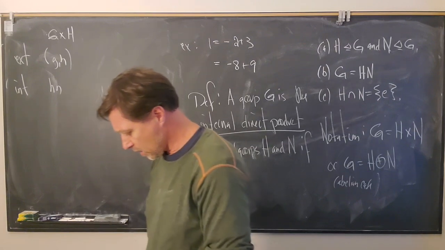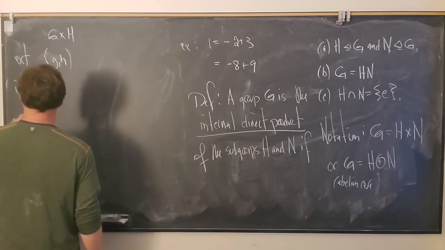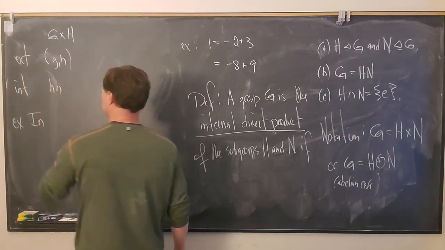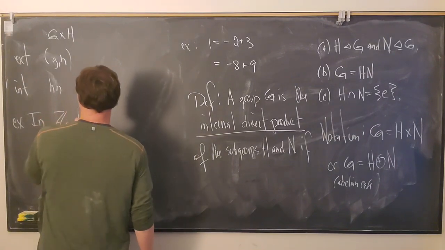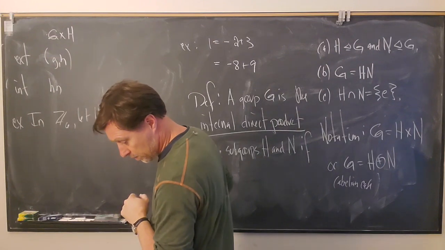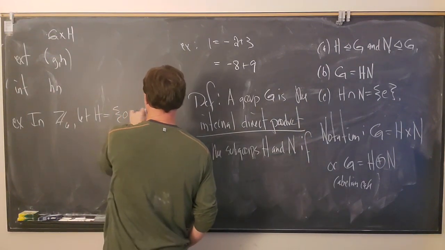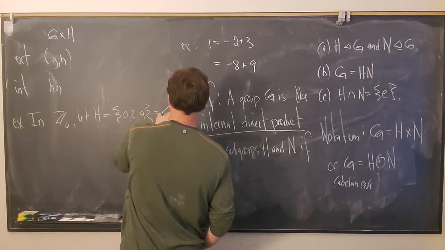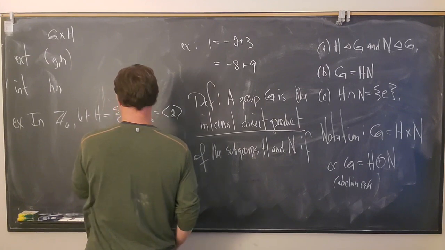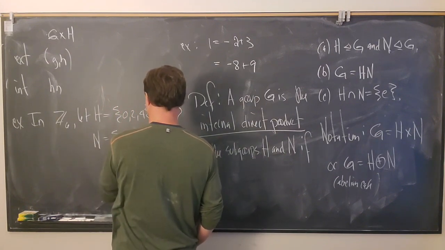Okay. Here's a quick example. In Z6, let H consist of 0, 2, 4. That's the subgroup generated by 2. And N is going to be 0 together with 3.